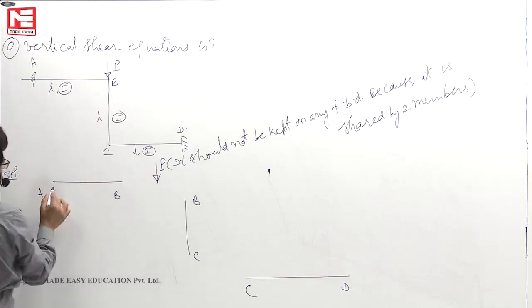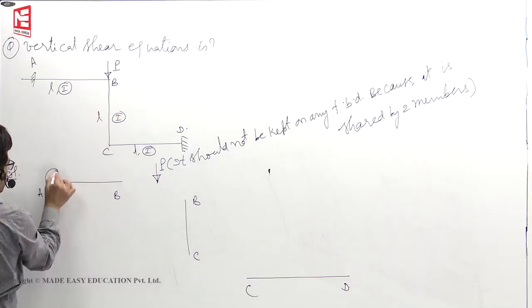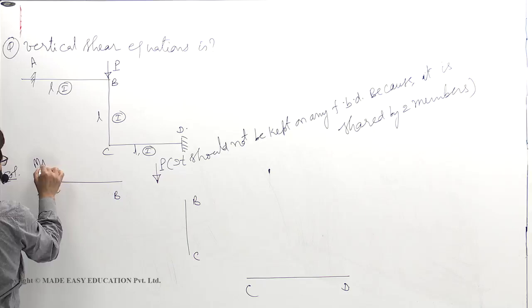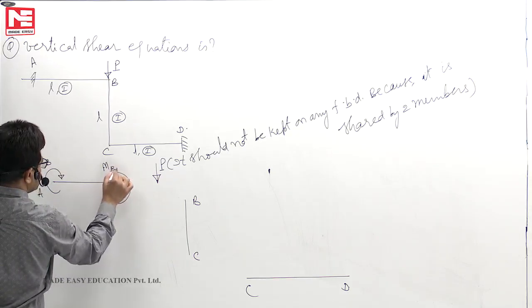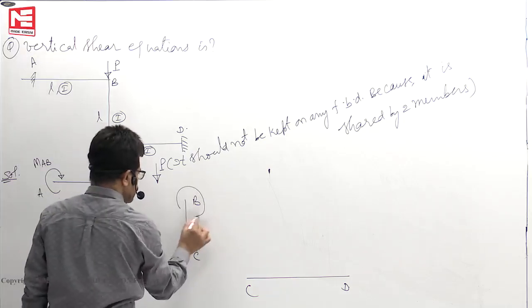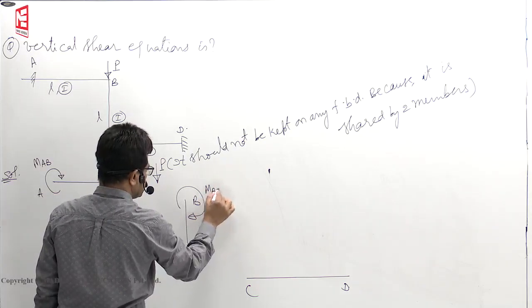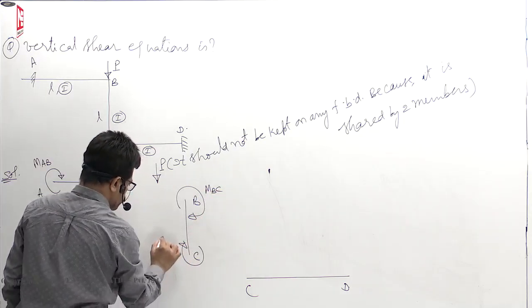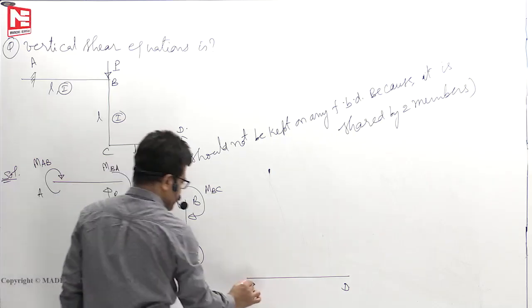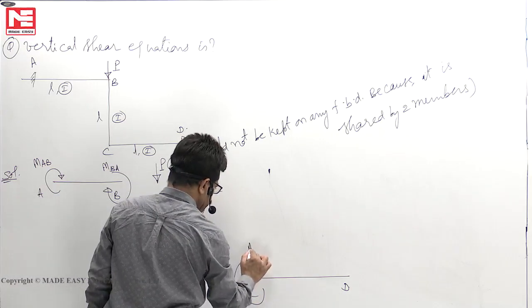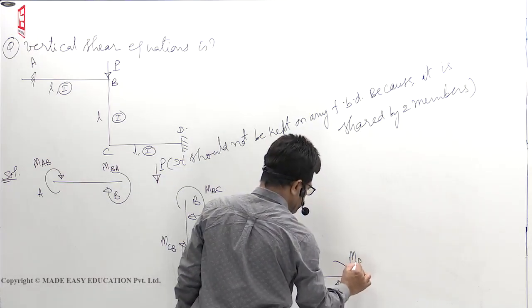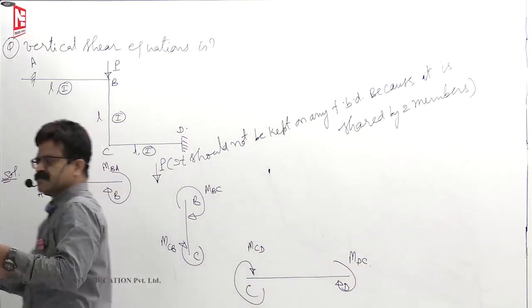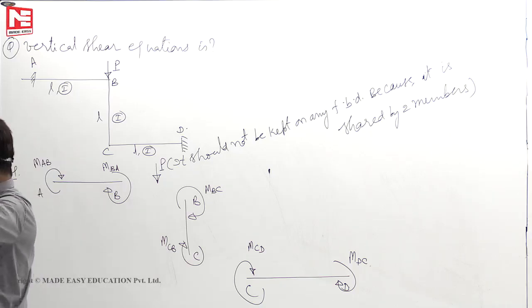Now the moments. Now MAB you have to take clockwise. MBA also clockwise. Here MBC clockwise. MCB also clockwise. Here MCD clockwise. MDC also clockwise. Now sigma y equals 0 means vertical shear equation.